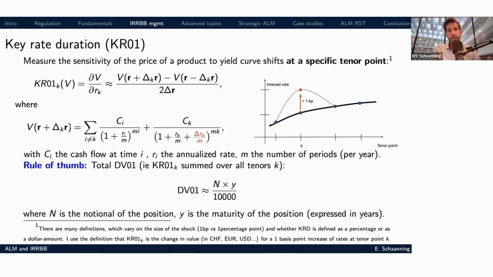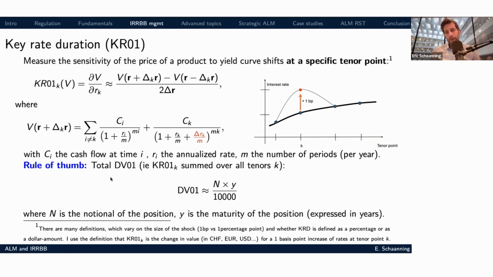So you write down your cash flows, C_i, over the different time horizons. R_i is the rate that applies there, and M is the number of annual periods. And then what simply happens is at time point K, we bump the interest rate, so the discount factor changes by 1 basis point, and then look at the impact on the valuation. If you do that for all the different maturity steps, you get what's called dollar value 01, DV01.